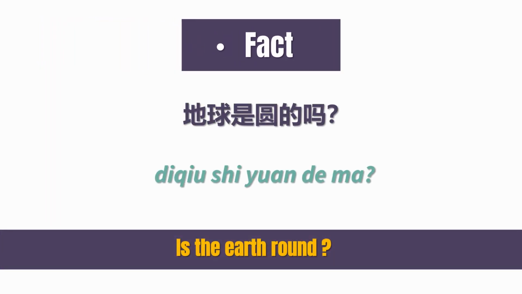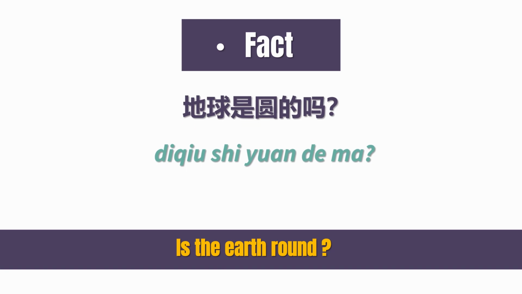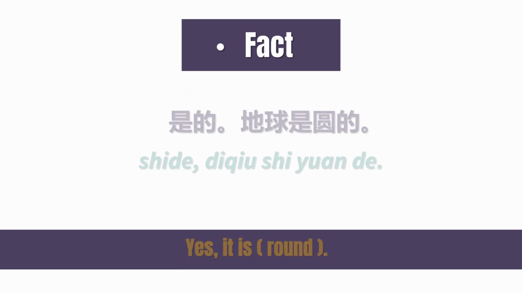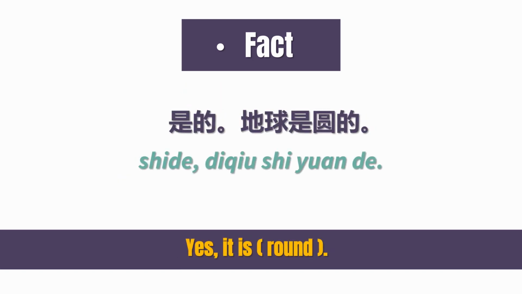Is the earth round? 地球是圆的吗? Here, it is a question about true or false. So, you can say yes in Chinese as 是的. Or, if you like, 是的, 地球是圆的.